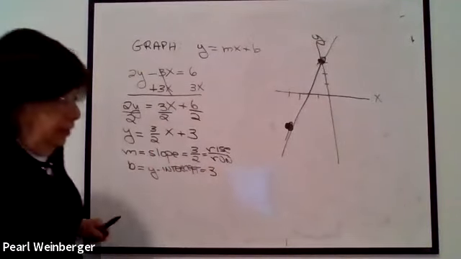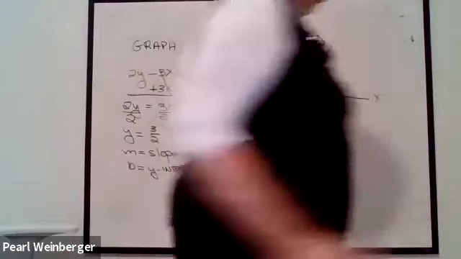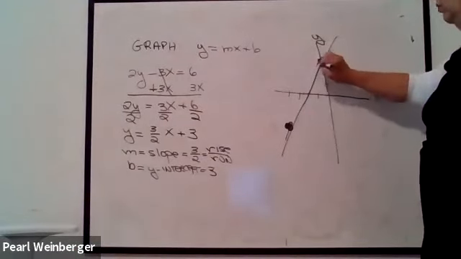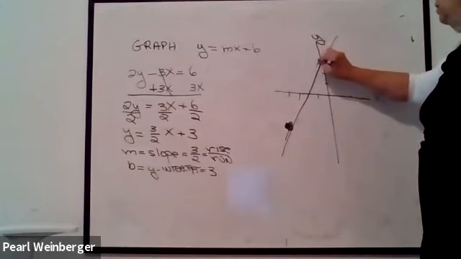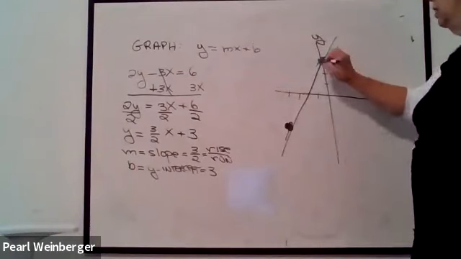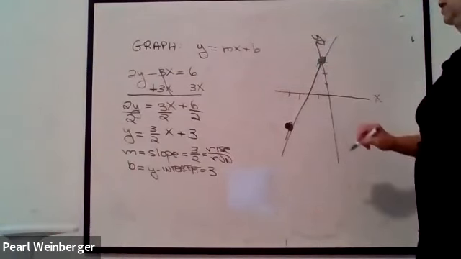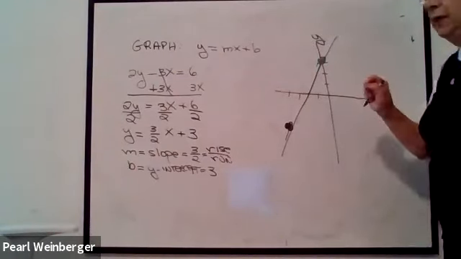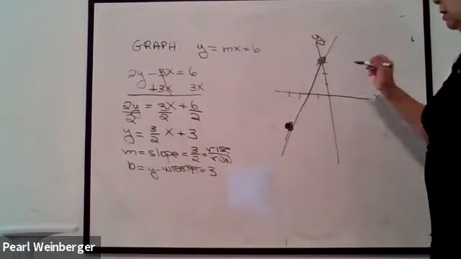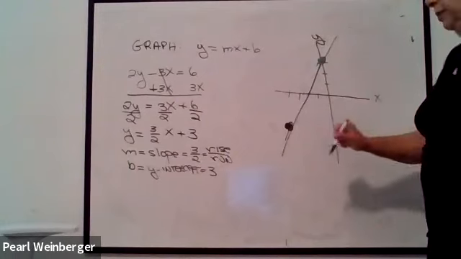How do I do that? I start by going to the 3 on the y-axis. In other words, exactly as before, the y-intercept is the starting point of my graphing of this line. So that's right here.